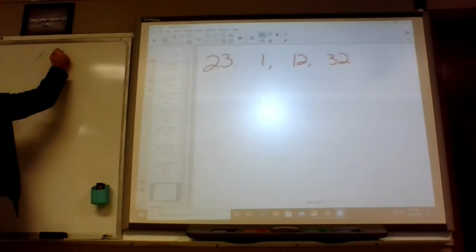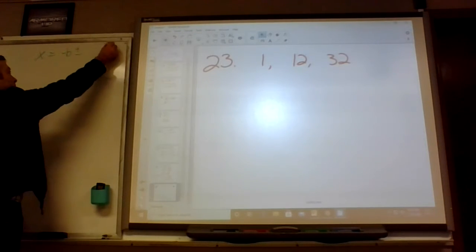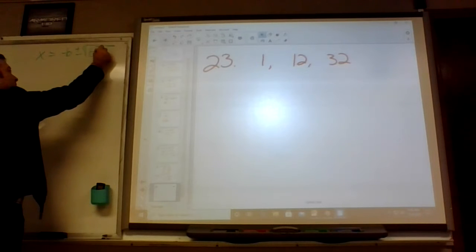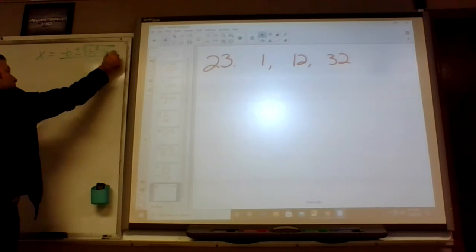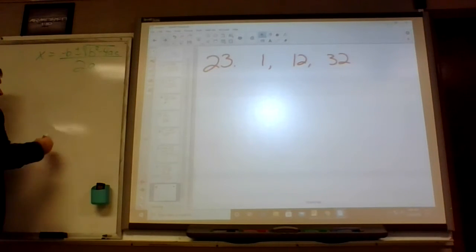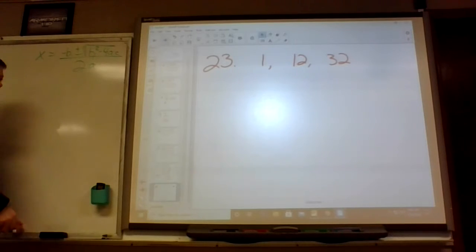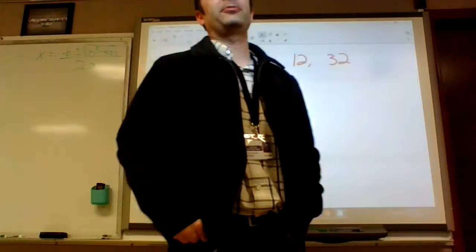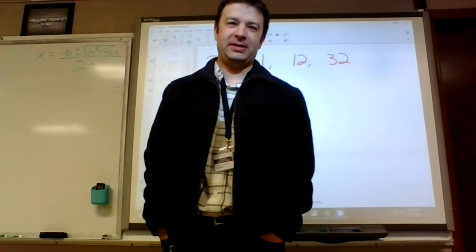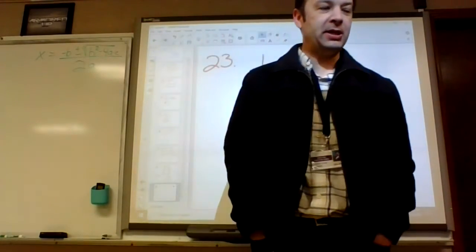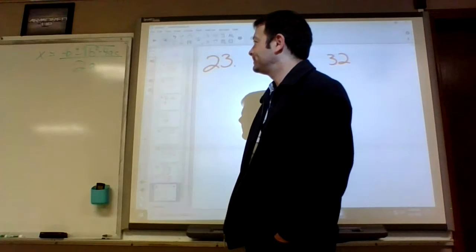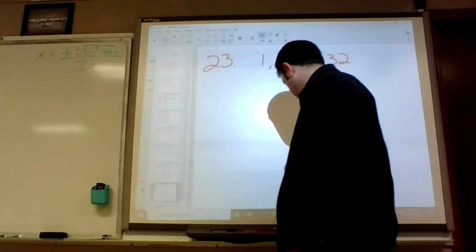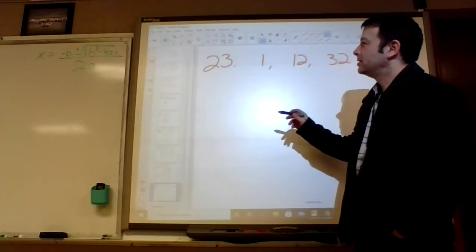X is equal to negative b plus or minus the square root of b squared minus 4ac over 2a. Lovely. That rhyme doesn't work at all. It's not a rhyme, it's a little ditty.